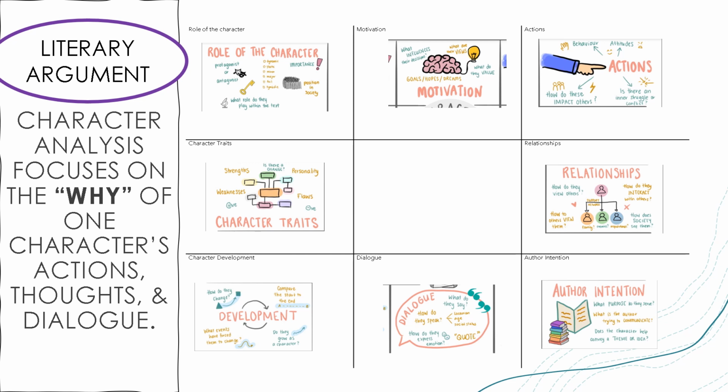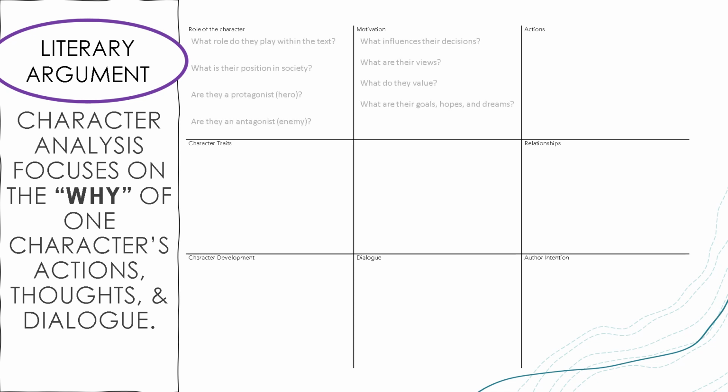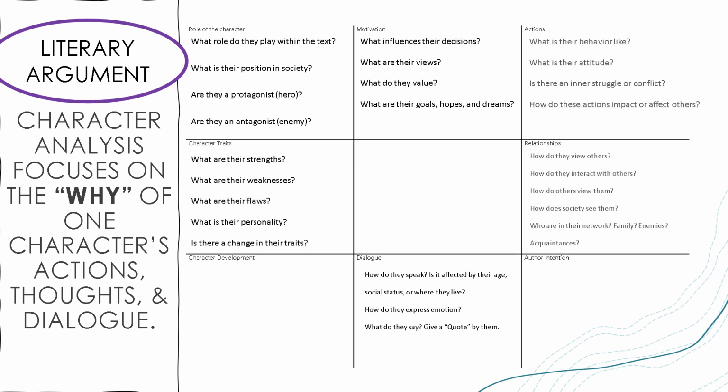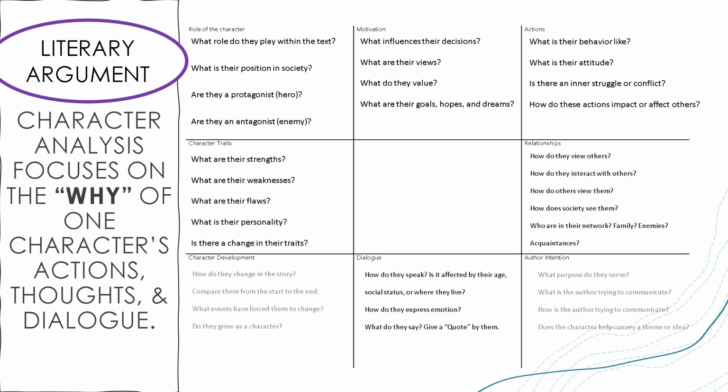By taking the information from the ACE study guide and inserting questions based off of who, what, when, where, why, and how, the answers to these questions will provide the specific evidence or details, like what role did they play in the text, their motivation, what influences their decisions, their particular traits, what are their flaws, what relationships do they have, as far as how do they view others and how do others view them.